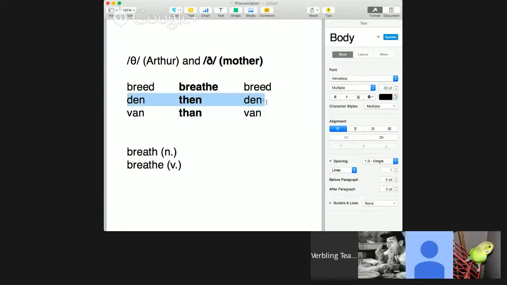Then. Okay, I'm going to get the camera back for a second just to show you. The difference between a d and a th is literally that your tongue has to stick out of your mouth a little bit when you say the th, right? So then, every time I say then, you'll see my tongue, right?